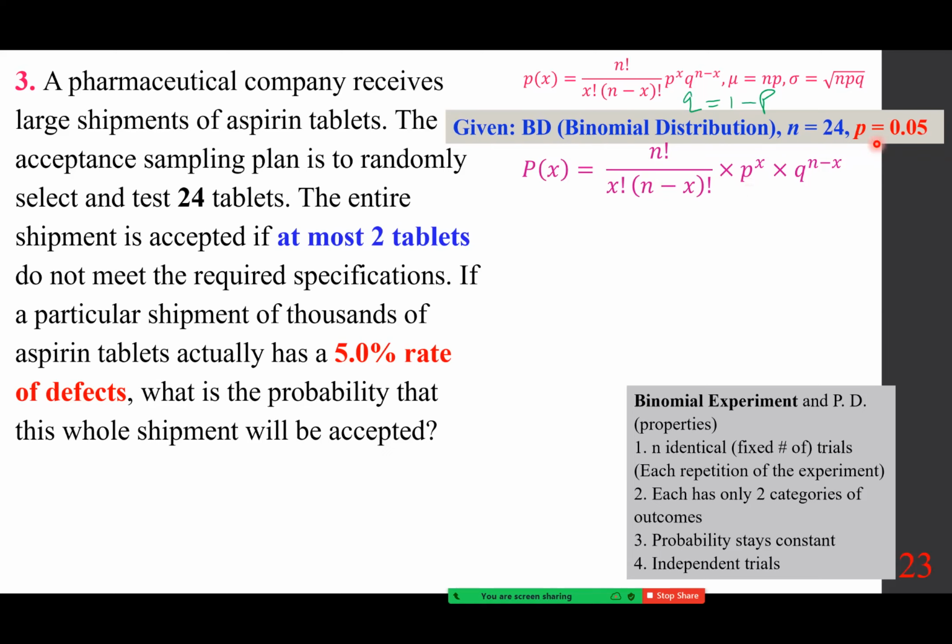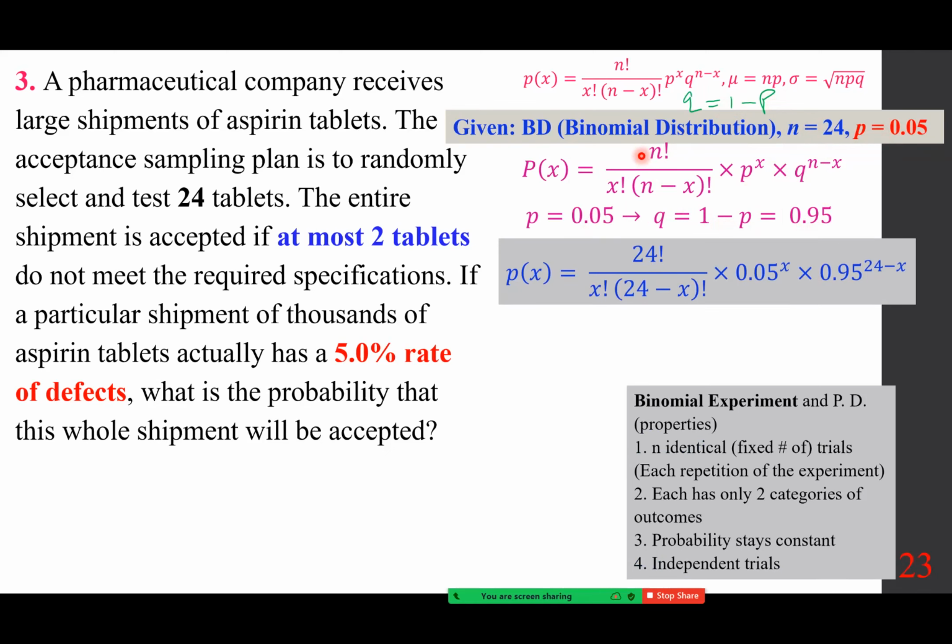What is 1 minus 0.05? It's 0.95. So P is 0.05, Q is 1 minus P or 0.95, and N is 24. Let's plug it in. That's the formula in general.